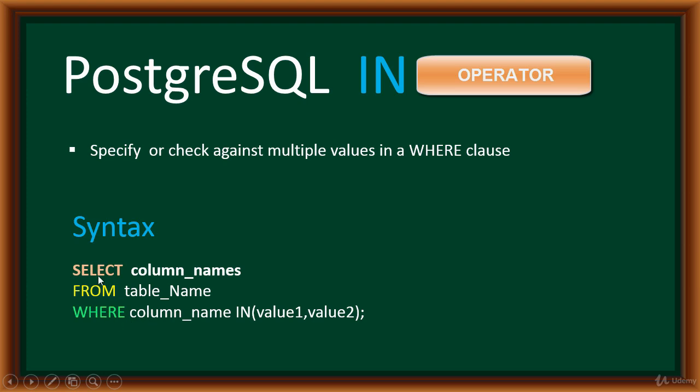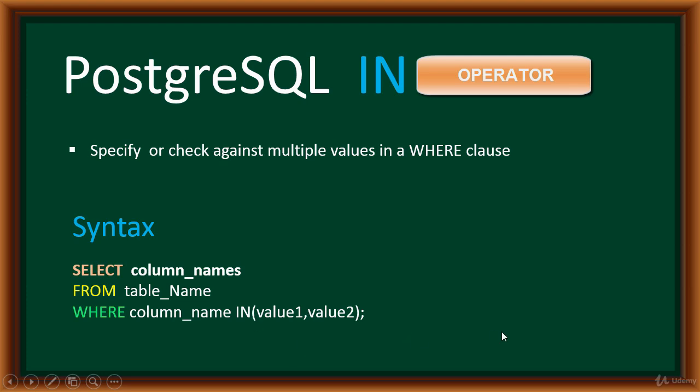You start with the SELECT statement followed by the name of the column if you're specifying column names, then the table, and then the WHERE clause. Within the WHERE clause, you specify, for example, the column name, and then you use the IN operator, and then you must place the values you're trying to check against. They must be placed in parentheses here.